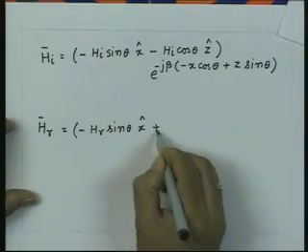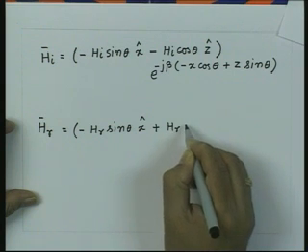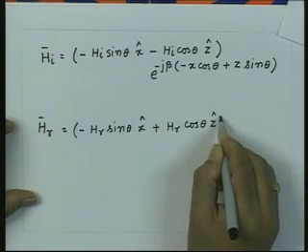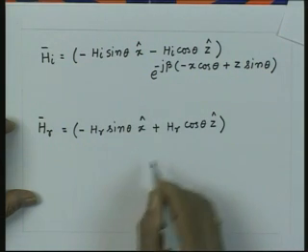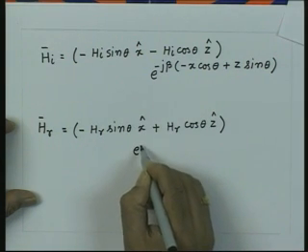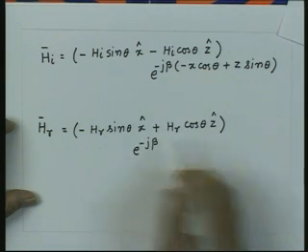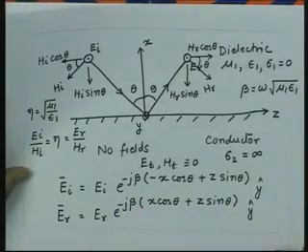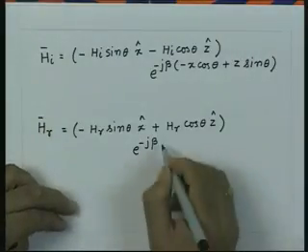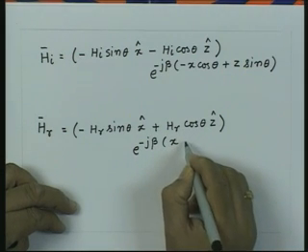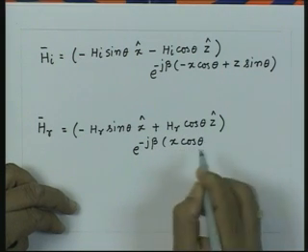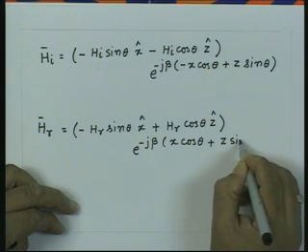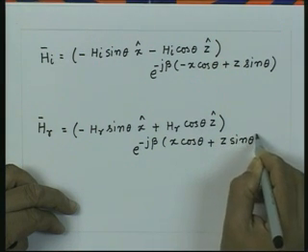So, this is plus H_R cos theta in the z direction, with the phase function for the reflected wave, which is e to the power minus j beta, x cos theta plus z sin theta.